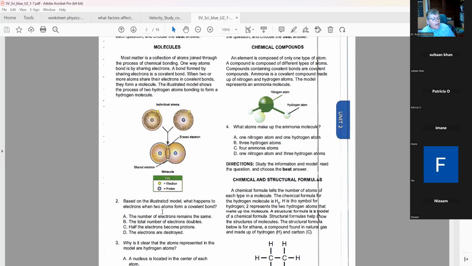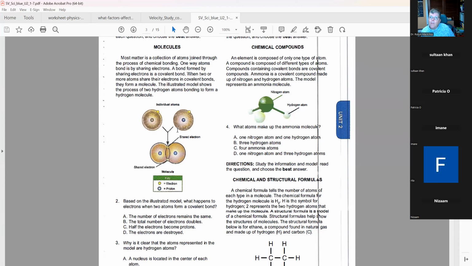What happens to electrons when 2 atoms form a covalent bond? Now, if you're concerned about covalent bonds, do they talk about it up here? When 2 or more atoms share their electrons in covalent bonds, they form a molecule. So this is what we're talking about.